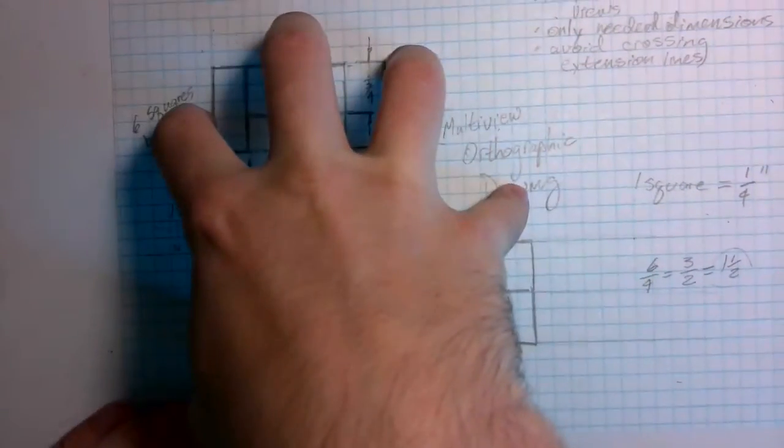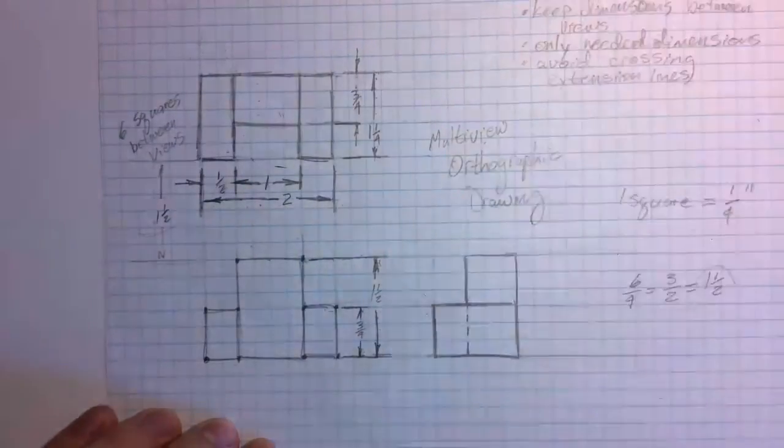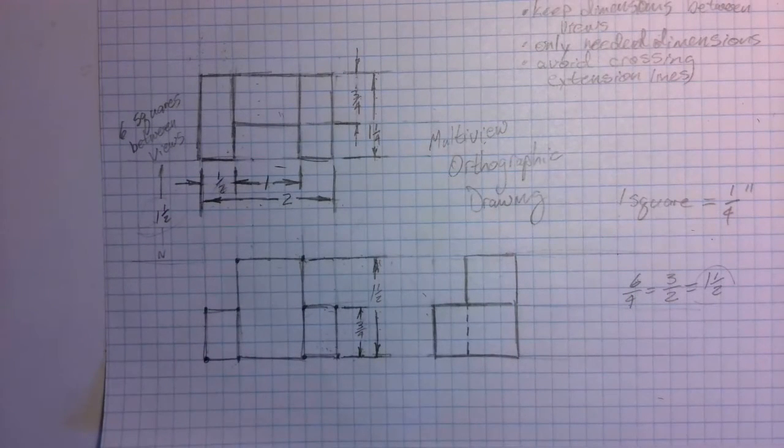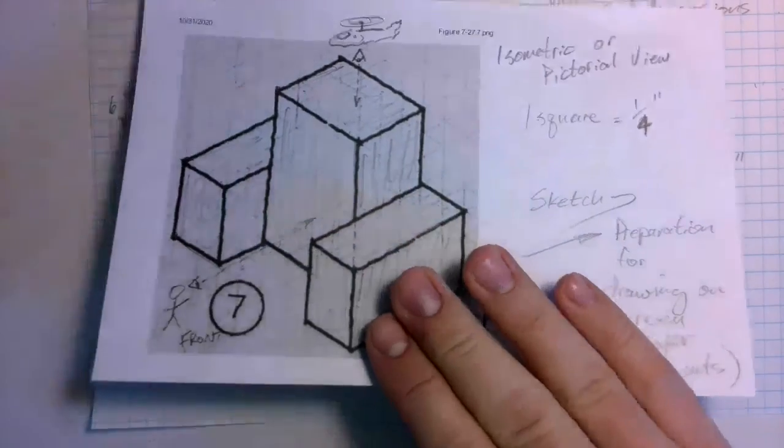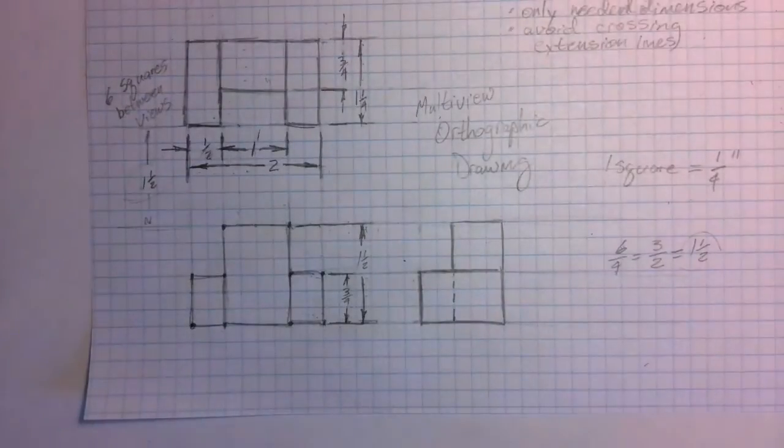You're just going to duplicate this onto your piece of green paper, and everything will be all set. So this is how you create dimensions on a sketch. In a previous video that I will link to in the description is how to actually draw this from your isometric view here. So take a look at that video if you need it, and I hope this helps.